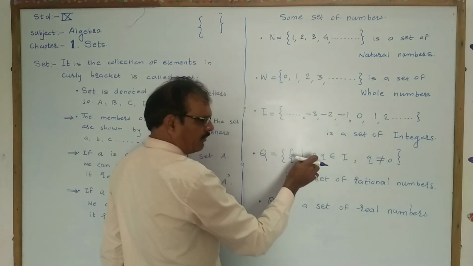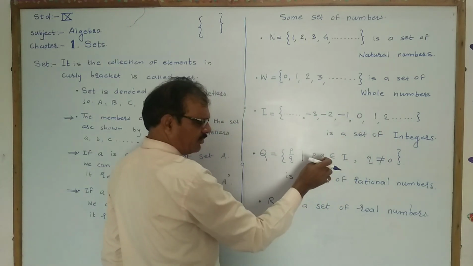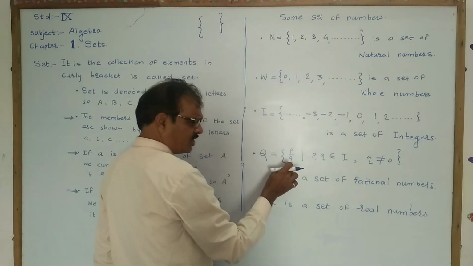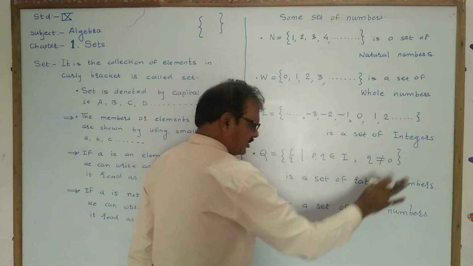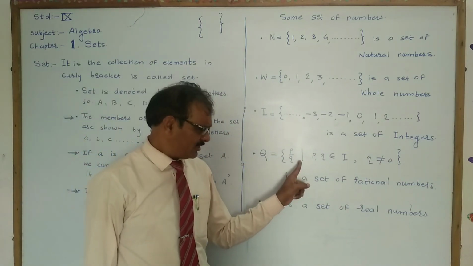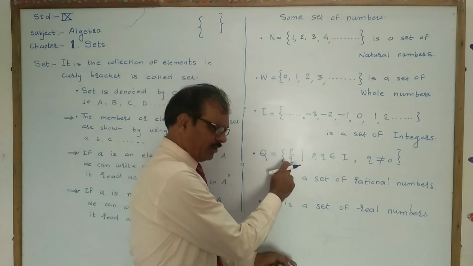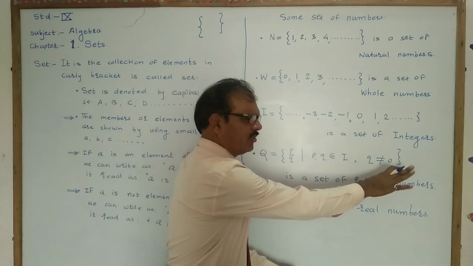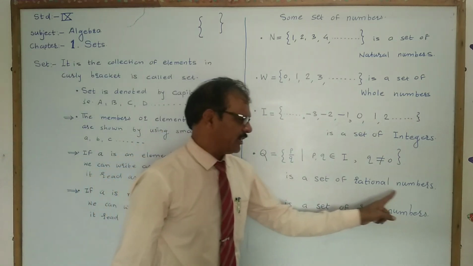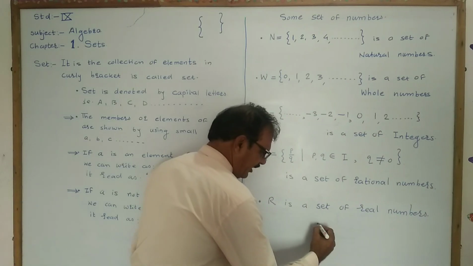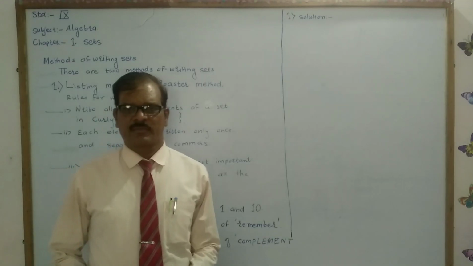The value of p may be positive or negative, and q may be positive or negative. But in this situation, q is not equal to 0. Therefore, the set of p by q such that p, q belong to I, q not equal to 0, is the set of rational numbers. And last, R is the set of real numbers.